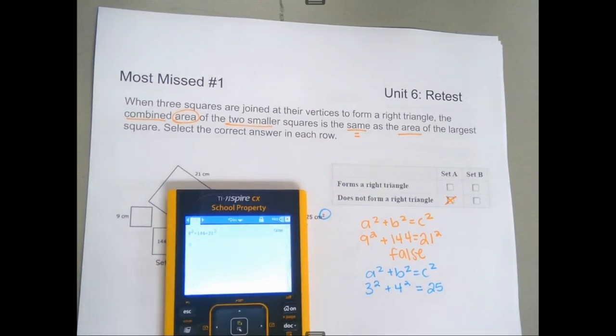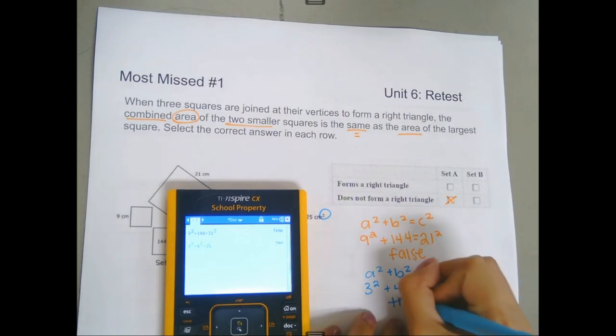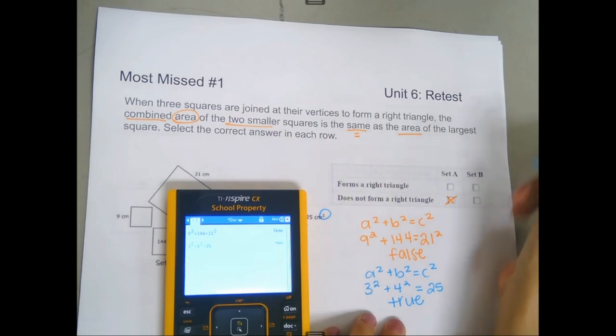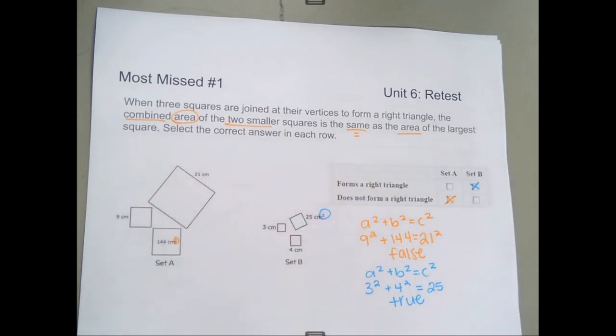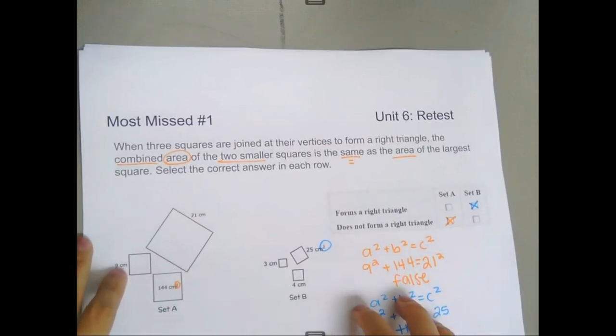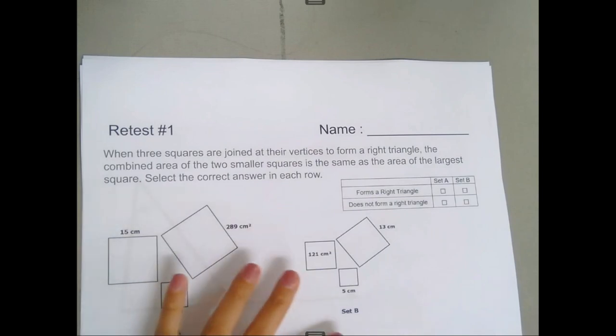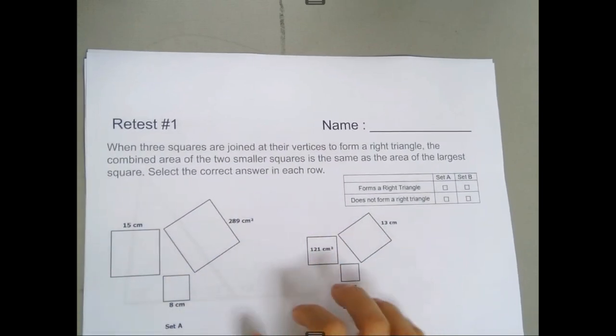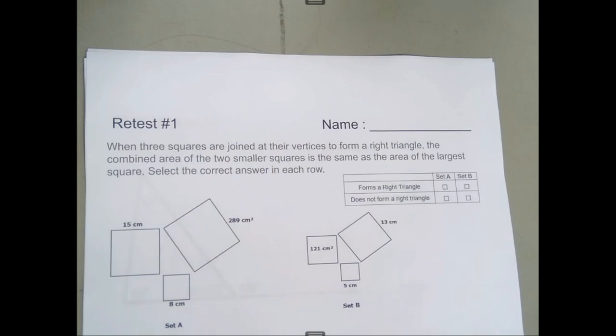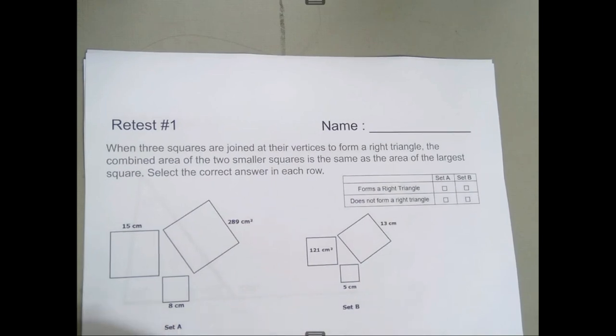So when I type in 3 squared plus 4 squared equals 25, and I click enter, this one tells me true. So that means that set B is going to make a right triangle, but set A is not going to make a right triangle. Make sure you have this work done. You are going to work retest question number 1, answer this question on the Edpuzzle, and then we're going to go over most missed number 2.